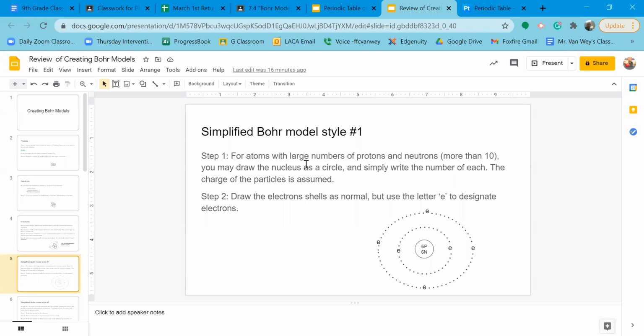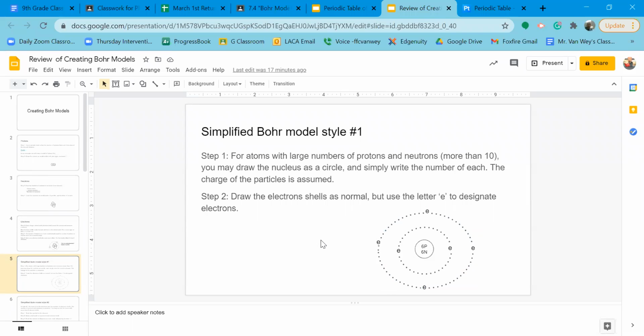For atoms that have a large number of protons and neutrons, we'll say 10, you may draw the nucleus just as a circle, like I showed here, and write the number of protons and the number of neutrons. The charge of these particles can be assumed at this point. You don't have to note that protons are positive or that electrons are negative.